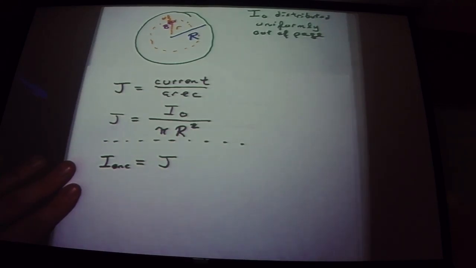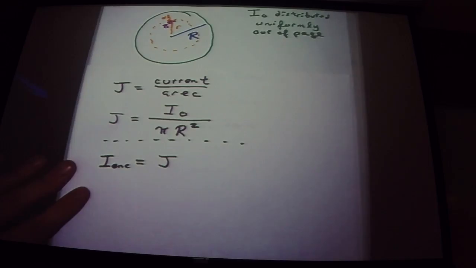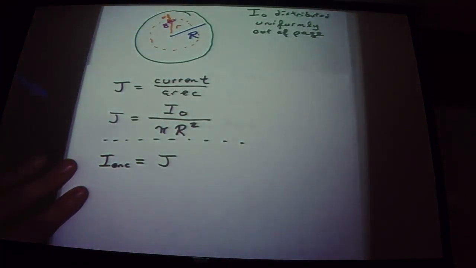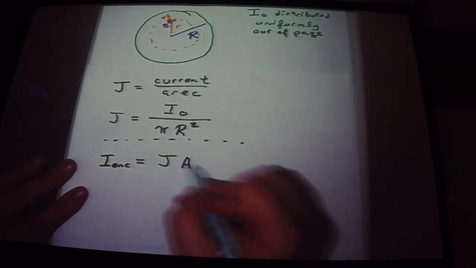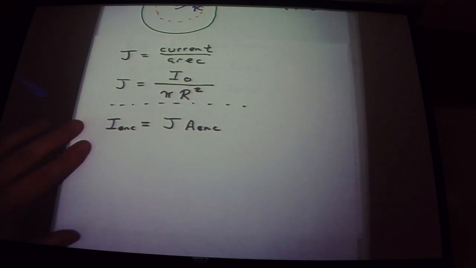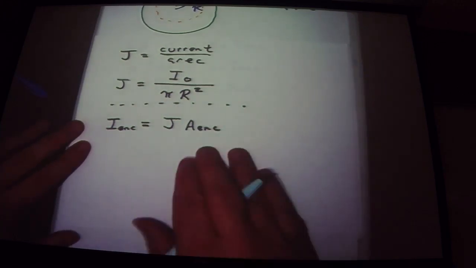Now the current that is enclosed is equal to our current density, since it's uniform, multiplied by the area that is enclosed. Well, what's the area enclosed?